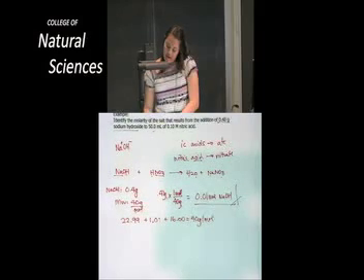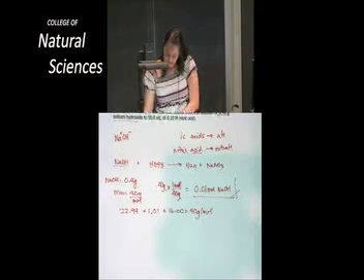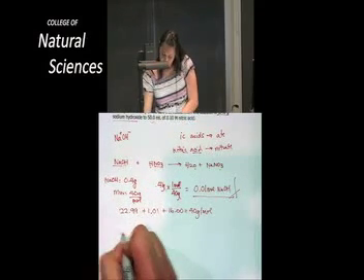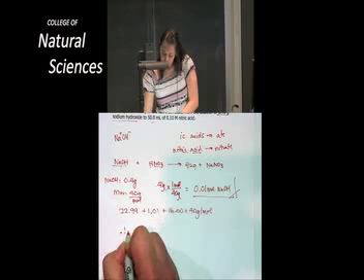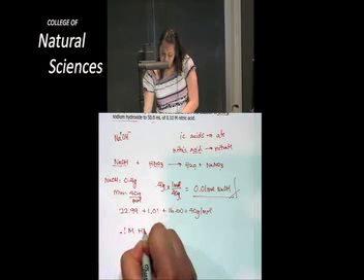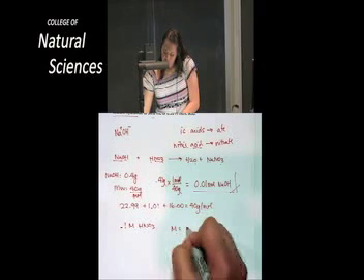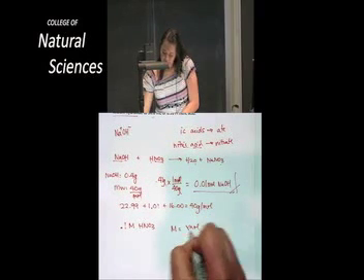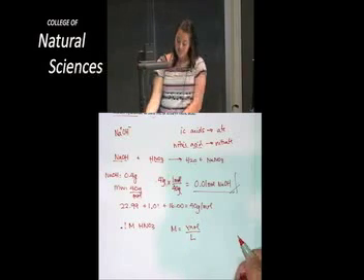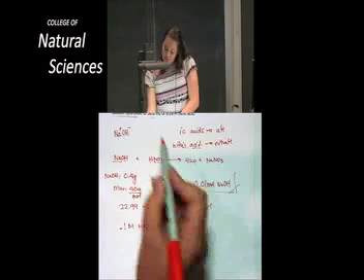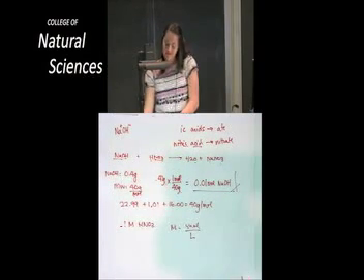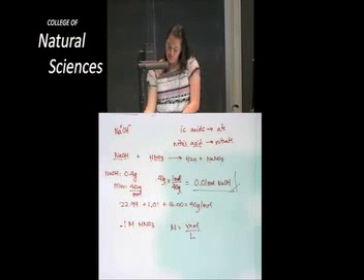Okay. And what about nitric acid? We have 0.1 molar nitric acid. Remember that molarity is equal to moles over volume in liters. So since we've given you the volume of nitric acid and its molarity, you can convert that to moles.